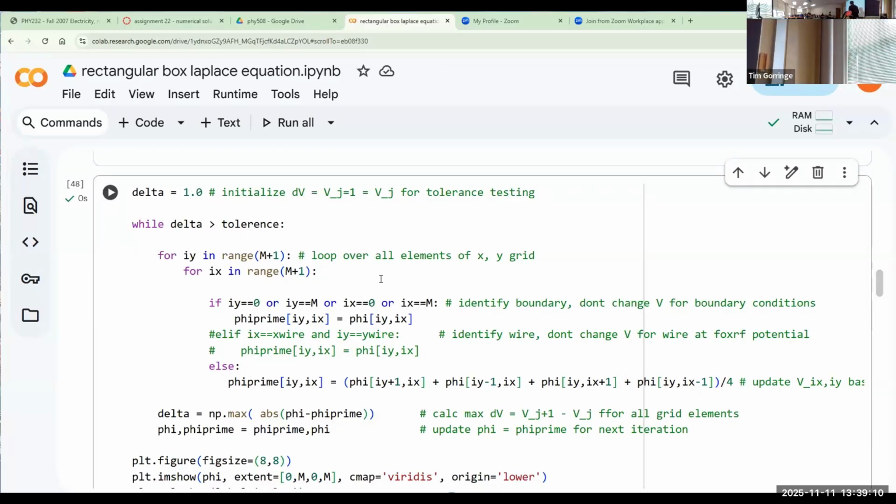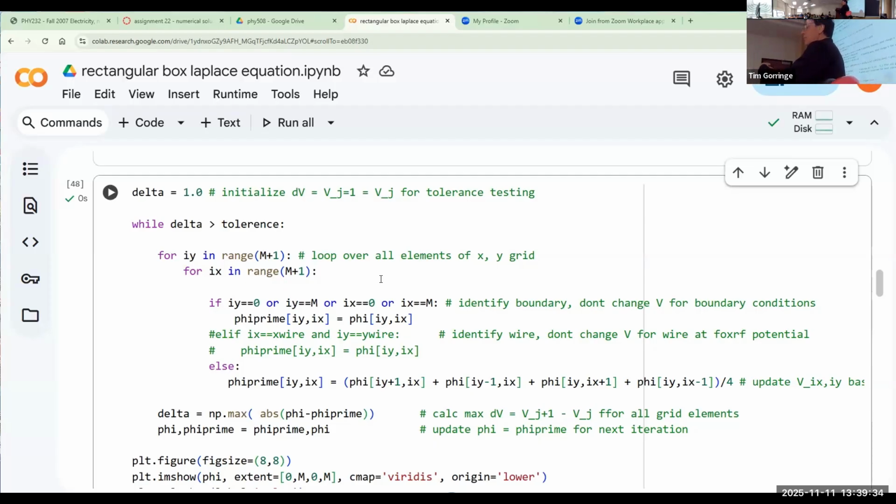Okay, so here's the entire code for solving Laplace's equation numerically. It's all packed into these lines here. Delta is just a variable I've introduced and initialized to track how much the potential is changing.